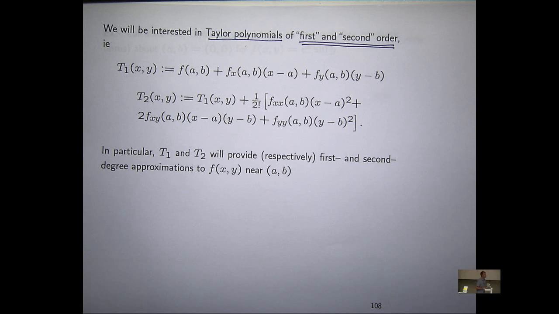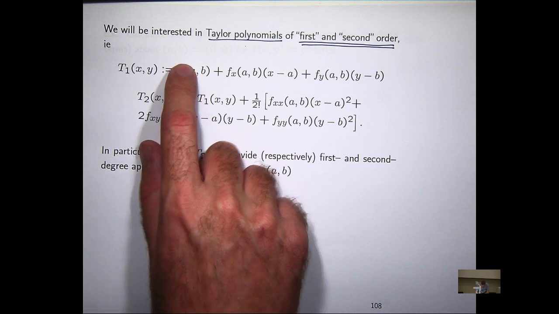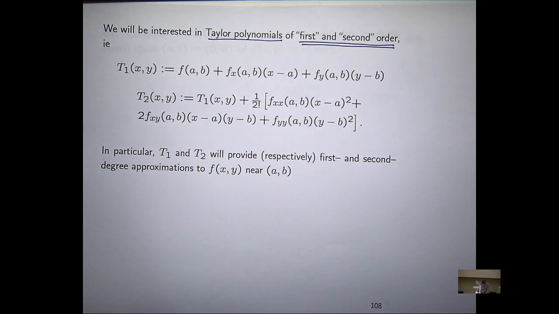Tangent plane, right. So T1 is just the equation of a tangent plane to the surface z equals f of x comma y. So we've already seen the Taylor polynomial of first order, in the previous lecture and probably the lecture before that.